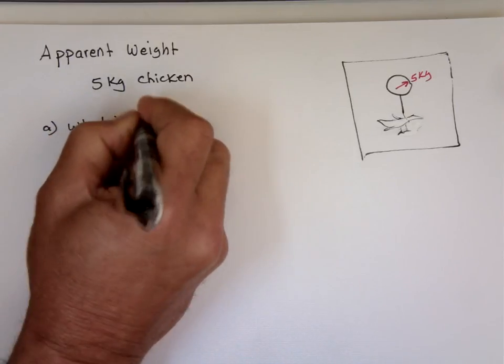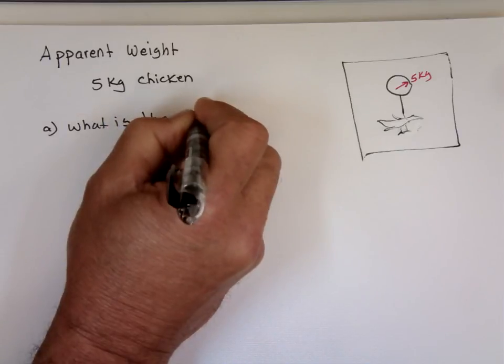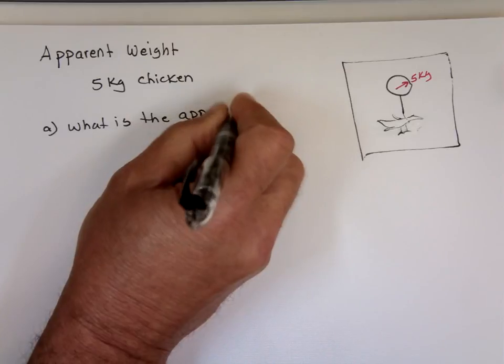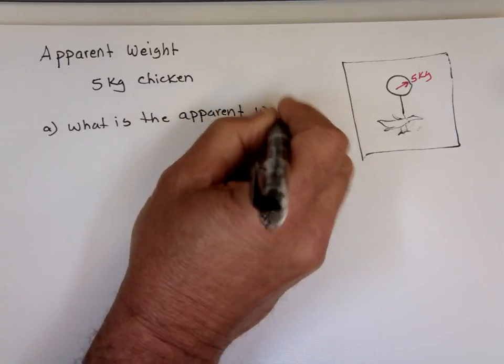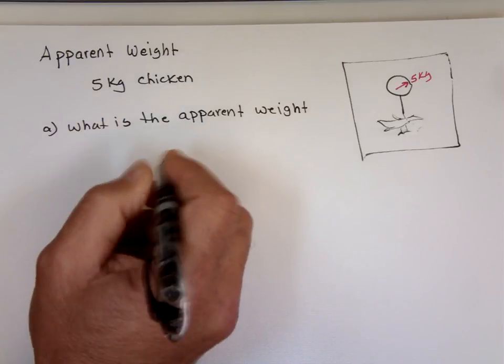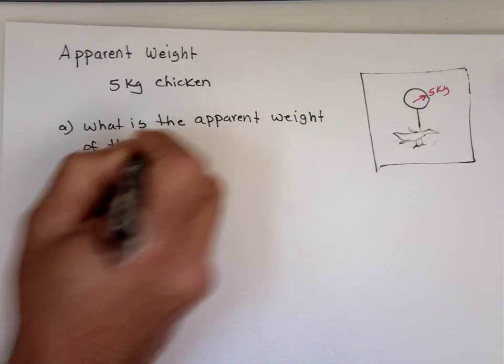What the scale is going to tell you, which is not the real weight actually, but what the scale is telling us, of the chicken, so we'll call that WA.